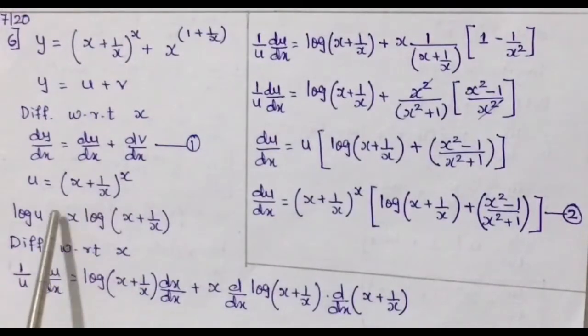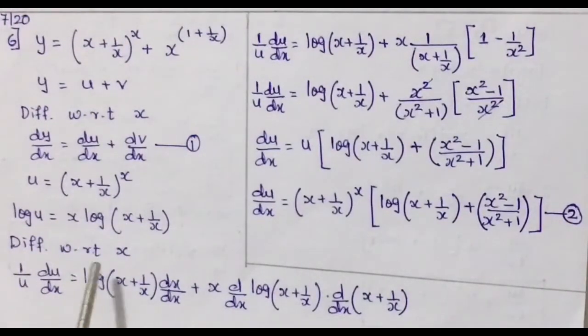After bringing this x down, we'll differentiate with respect to x. So here the differentiation of log u will be 1 upon u du by dx. Now as x and log of this whole term are multiplied, we'll make use of the multiplication rule of differentiation.